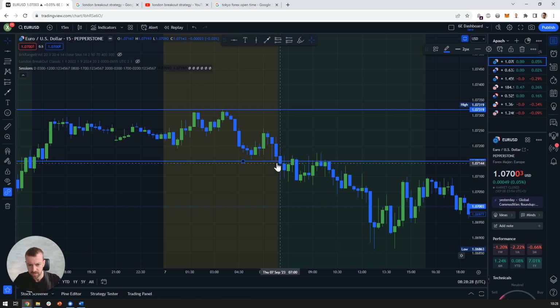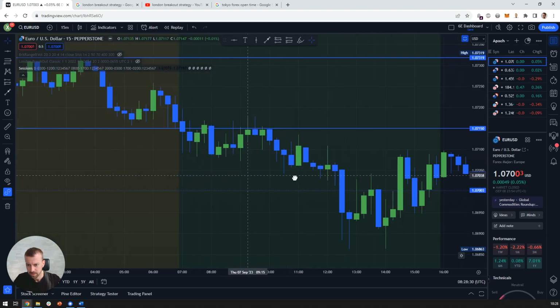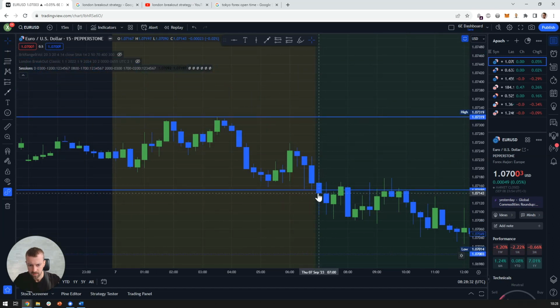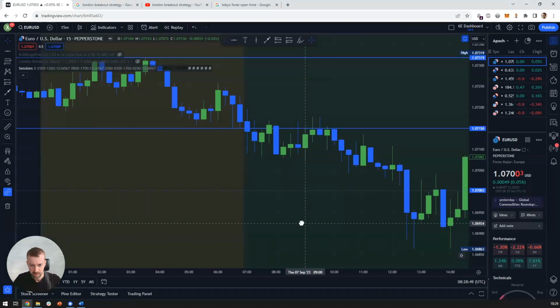It closes outside of our range, as you can see here. It closes below the Tokyo session. And so we enter a short trade right at this point and just follow the trend.